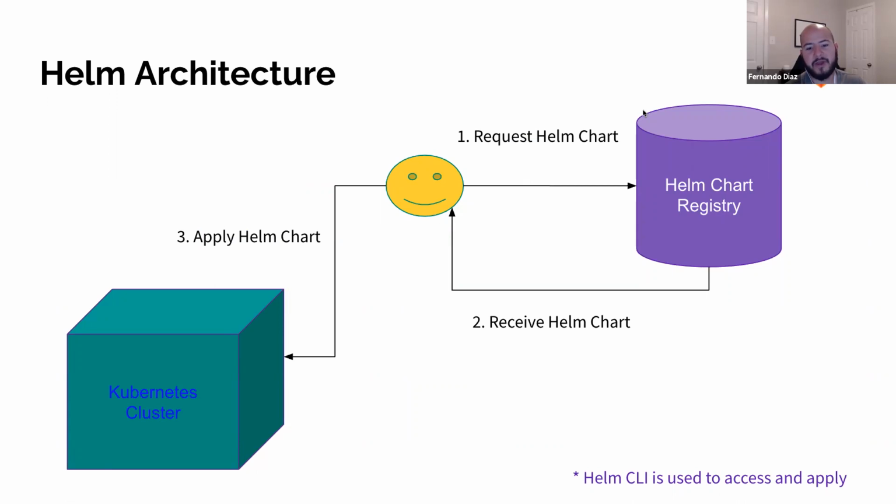So just to show you how simple the architecture for Helm is, pretty much what happens is you'll have the Helm chart registry that contains all your different Helm charts. And that's something you can do with GitLab now. As of 14.1, you can put all your Helm charts in the Helm registry for the application. Then you run a Helm command to request that Helm chart, and if you have the correct permissions to that Helm chart registry, you'll receive the Helm chart.